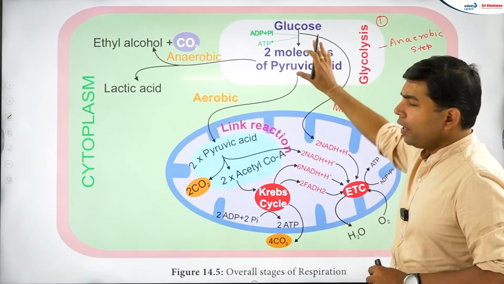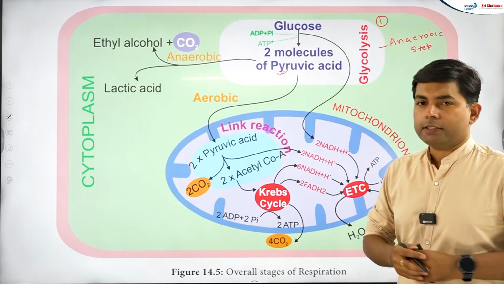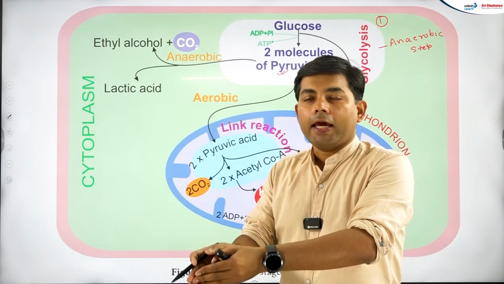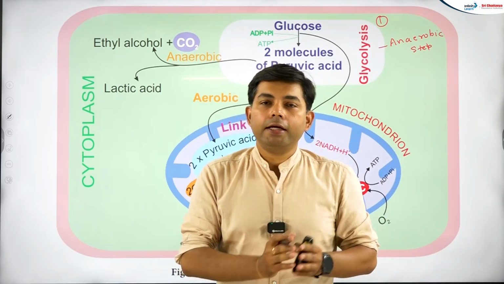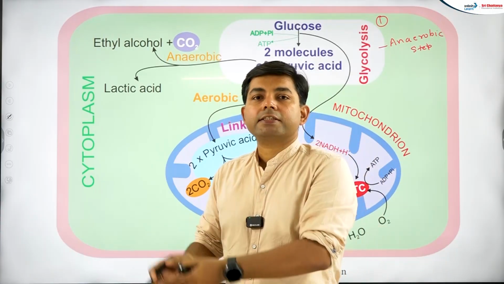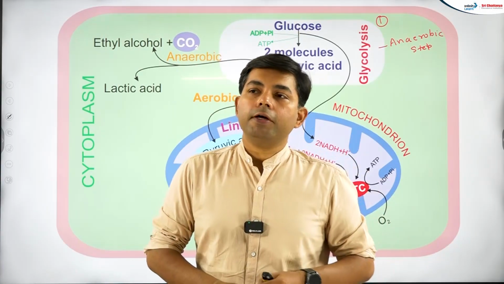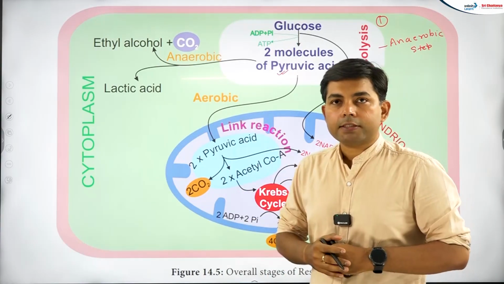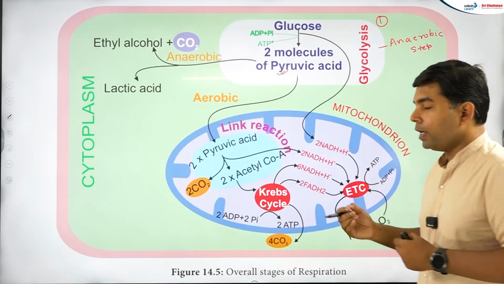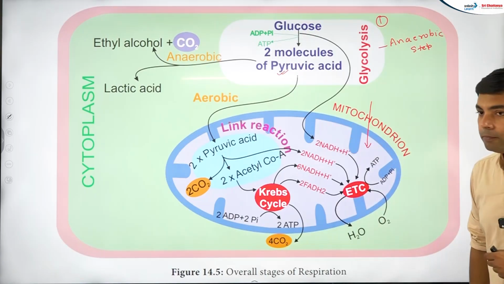Now what we have got after glycolysis is two molecules of pyruvic acid. These two molecules of pyruvic acid can either enter into the anaerobic pathway or the aerobic pathway. The anaerobic pathway takes place in the cytoplasm. So if it has to continue in the anaerobic pathway, it will remain in the cytoplasm, or if it has to undergo the aerobic pathway, then it will enter inside the mitochondria, as you can see here.